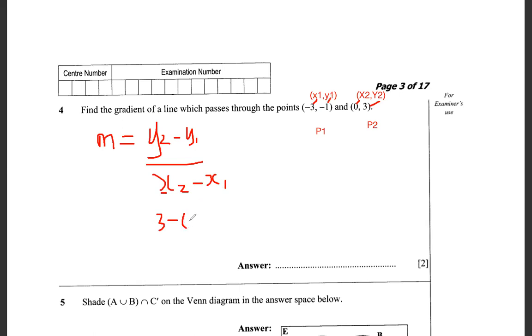Now there's already a minus, so this 1 comes with its own minus. So we have to put the brackets to separate the signs. Our x2 here is a 0, so we're going to put a 0 here, minus our x1 is negative 3, so we're going to have negative 3 here.